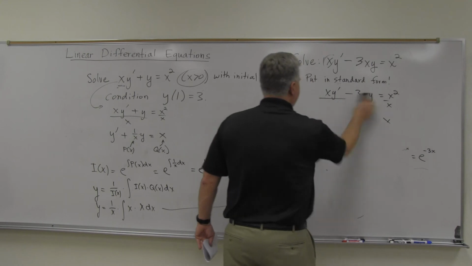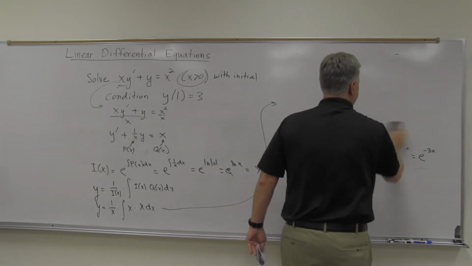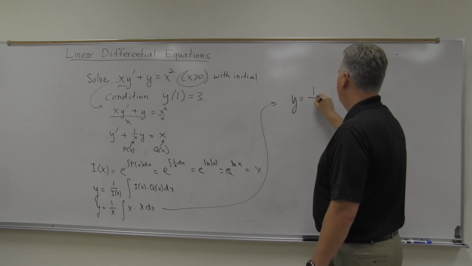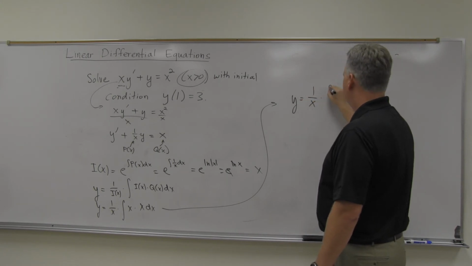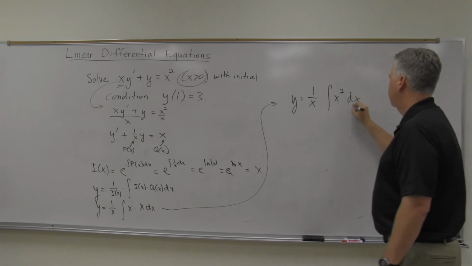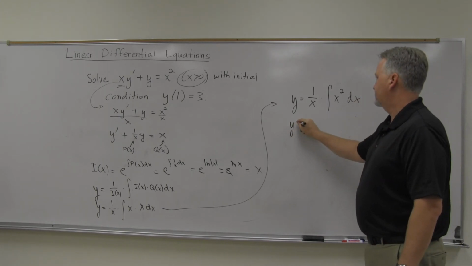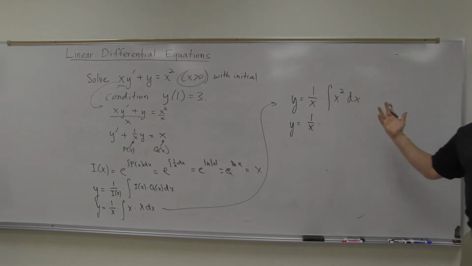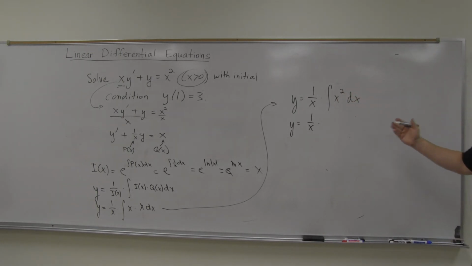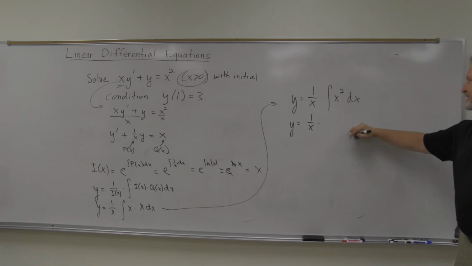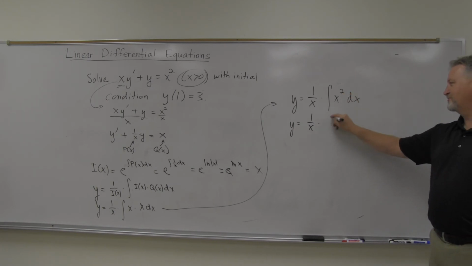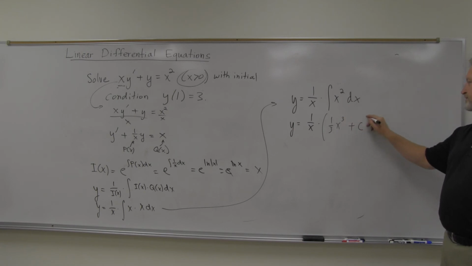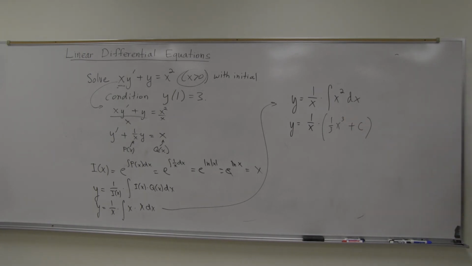And so y would equal 1 over x times the integral of x squared dx. Simple integral. We run into those every once in a while. It'll be nice to us and give us a simple one every once in a while, maybe. So 1 over x times 1/3 x cubed. And again, this is where we put the plus c because we're at our final integral here.